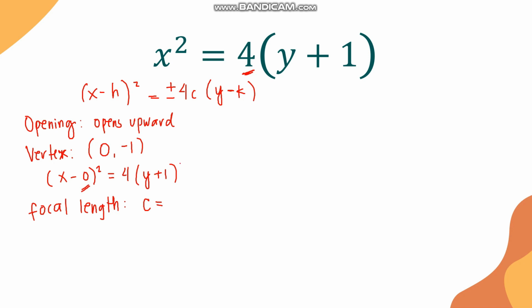In order to identify c, we look at the 4c here, which in this case is 4. So we know that 4c is equal to 4. Then just solve for c by dividing both sides by 4. So we have c equals 1. The focal length now is 1.